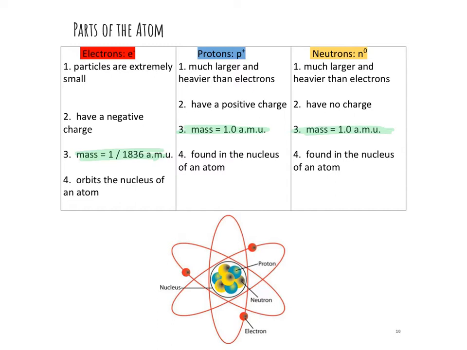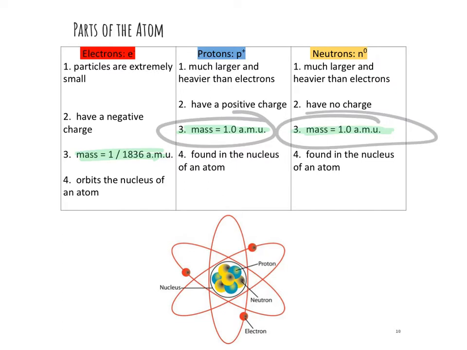That means it would take 1,836 electrons to make one proton by mass. So electrons have a very, very tiny mass, and it's so small that it basically doesn't even matter in the total mass of the atom. So when we look at mass, we're only going to be looking at protons and neutrons.